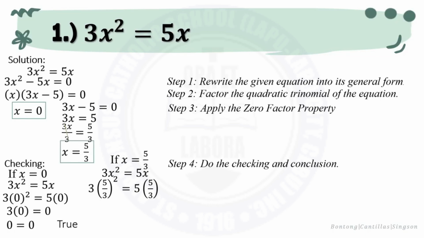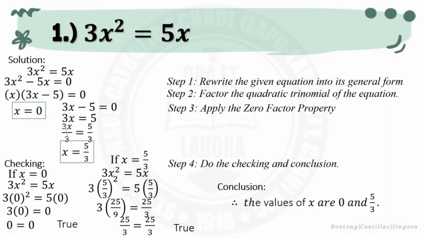Exponents first before you multiply, so 5/3 squared is equivalent to 25/9, because 5 squared is 25 and 3 squared is 9. Simplifying this, you get 25/3 equals 25/3, and that is true. Lastly, the conclusion. Therefore, the values of x are 0 and 5/3.